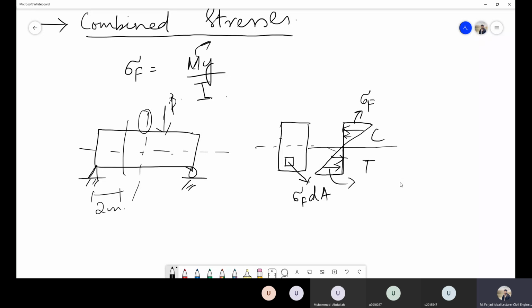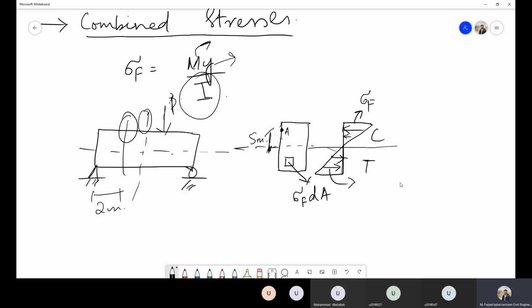Then this cross section is at this distance. So firstly I would calculate the moment at this cross section. Then it would also tell me where this fiber is located with respect to the centroidal axis, that means it will also give me this particular distance. For example, calculate the stress at this point. Now if this distance is, let's say, 5 meter, then the y distance I will substitute is 5 meter, and I, you all know, is the moment of inertia.